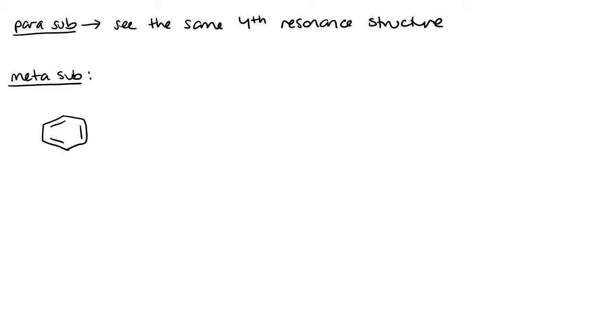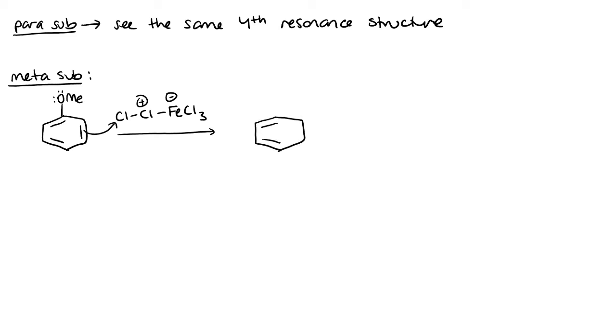Okay, so we're starting with the same benzene with the methoxy group. We have the same electrophile. Our benzene will go and take the chlorine. Now we want to focus on meta substitution, so we'll place the chlorine at the meta position and the carbocation at the other position.